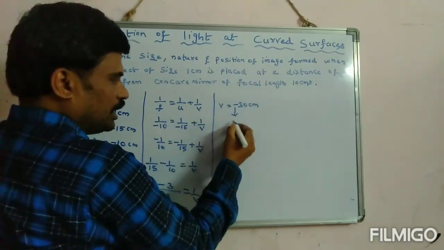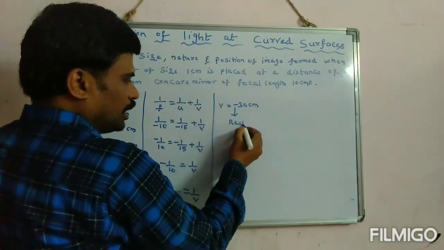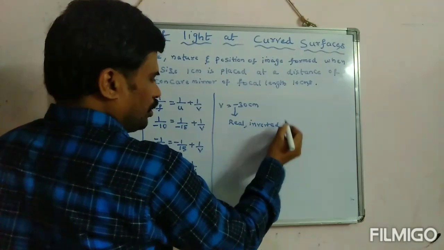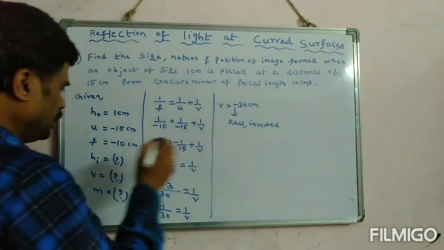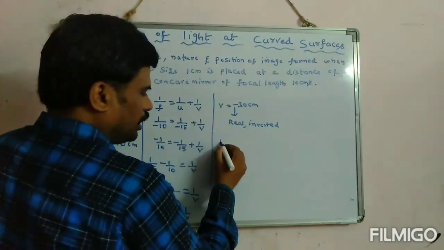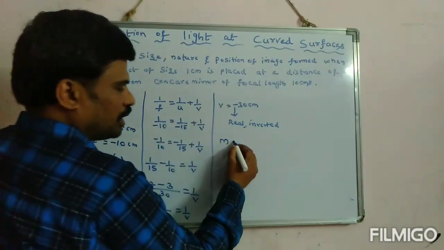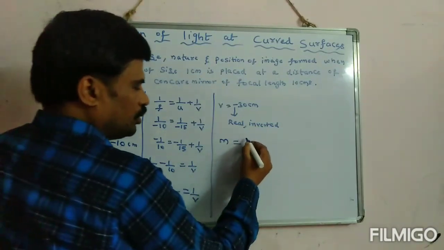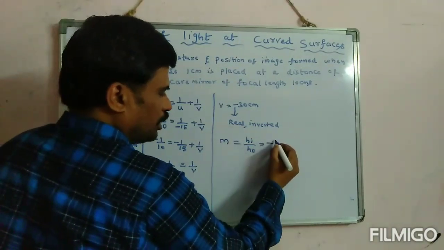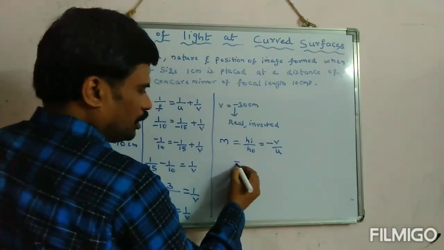Here this minus sign indicates the image is real. Real is always inverted. Next, let us find the height of the image. How to find it? You know the magnification formula: m = hi/ho, and another formula, m = -v/u.